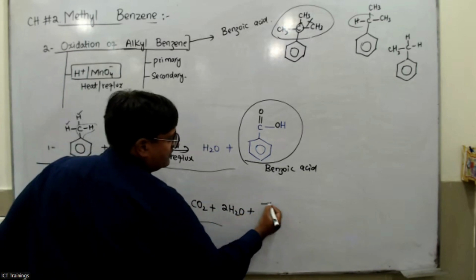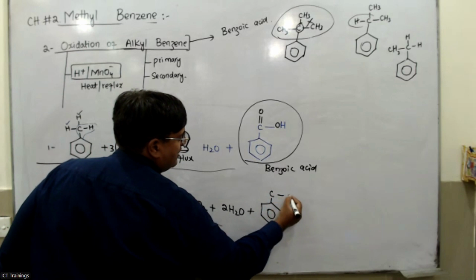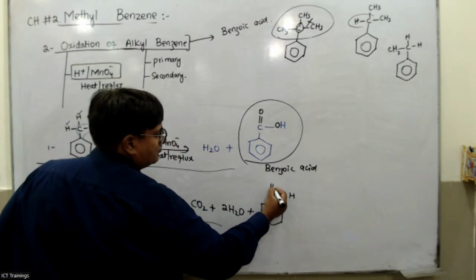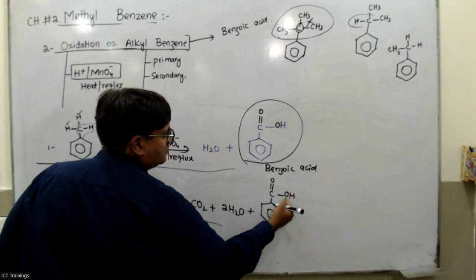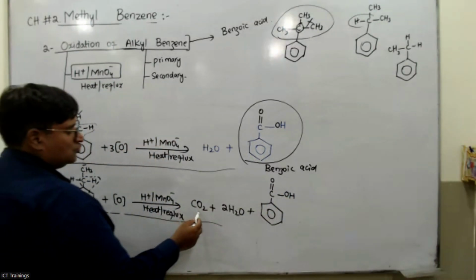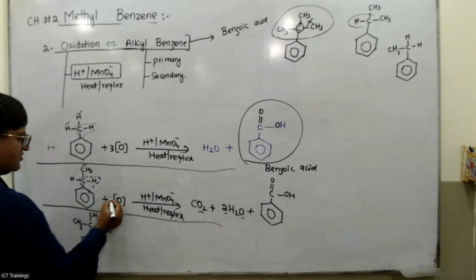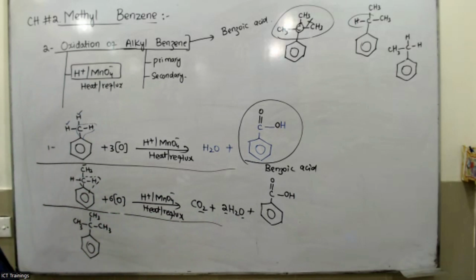And what would be left? You have benzene, and with the benzene, one carbon and one hydrogen is present. So it would form oxygen double bond. This one oxygen is attached up here. So in total, how much oxygen is used? 2, 2, 4, and 2, 6. So 6 oxygens, my dear, are being used.